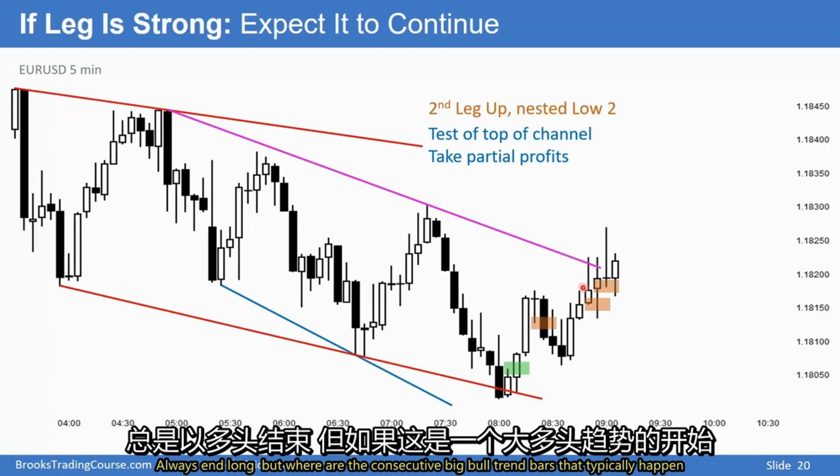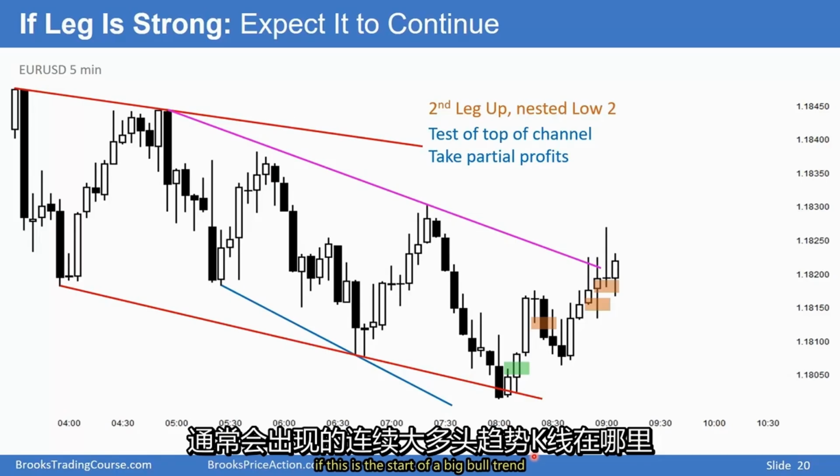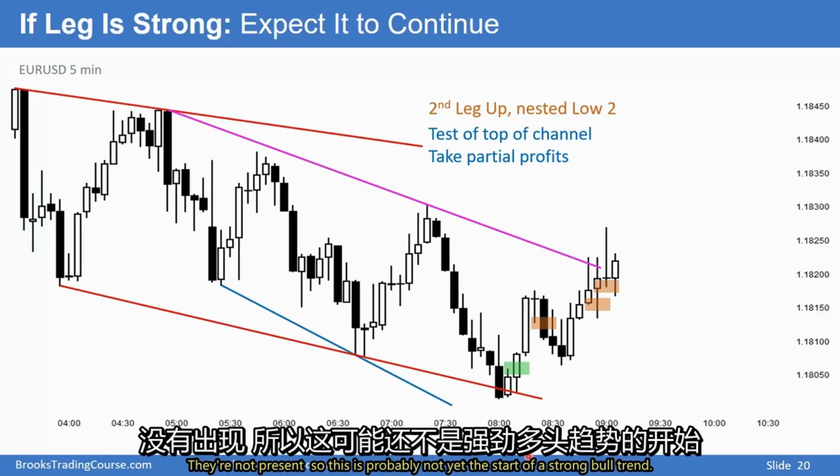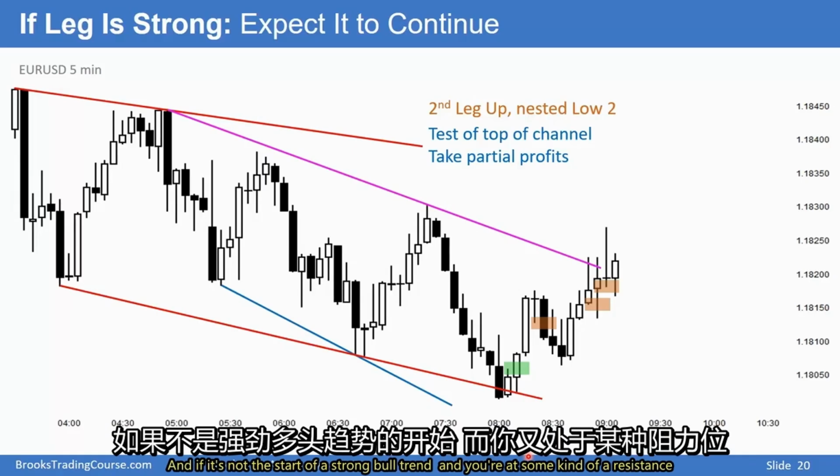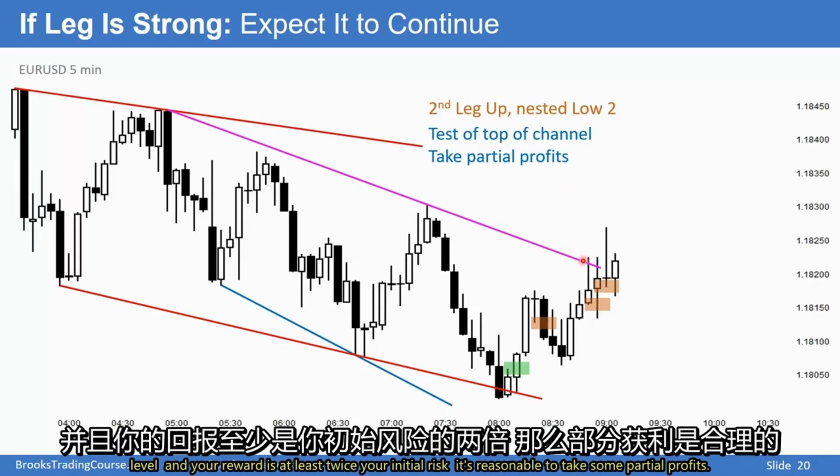We're always in long, but where are the consecutive big bull trend bars that typically happen if this is the start of a big bull trend? They're not present, so this is probably not yet the start of a strong bull trend. And if it's not the start of a strong bull trend and you're at some kind of a resistance level and your reward is at least twice your initial risk, it's reasonable to take some partial profits.